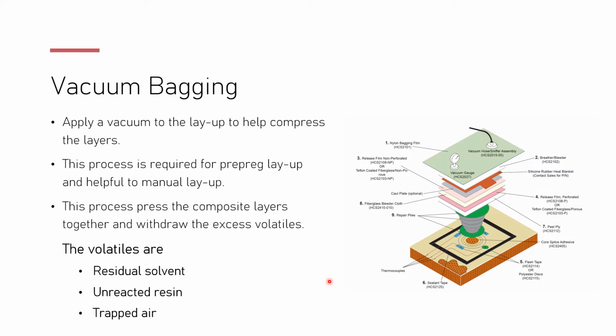This process presses the composite layers together and withdraws the excess volatiles. That's really important, to get rid of the trapped air from the layers. Volatiles are the residue solvents, unwanted material, reactive resin, and trapped air. We're going to get all of that out by using vacuum bagging.